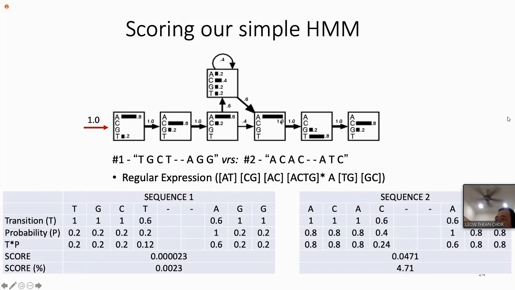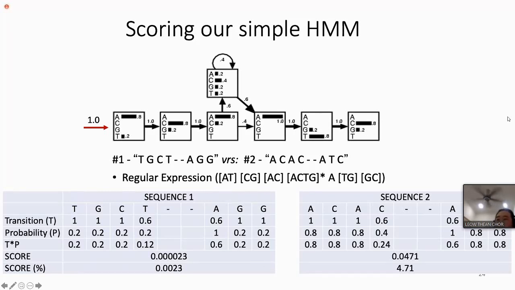So 0.6 times 1, you get 0.6. Same thing from here to here, the transition is 1, and the nucleotide G is 0.2. So 1 times 0.2, you get 0.2. The last one as well, 1 times G 0.2, you get 0.2.